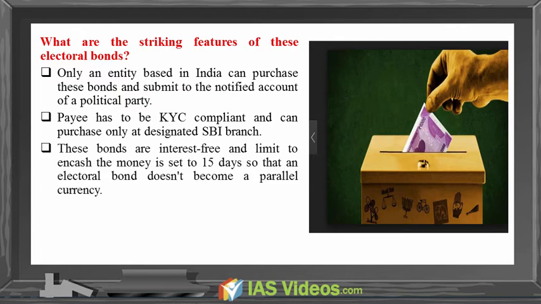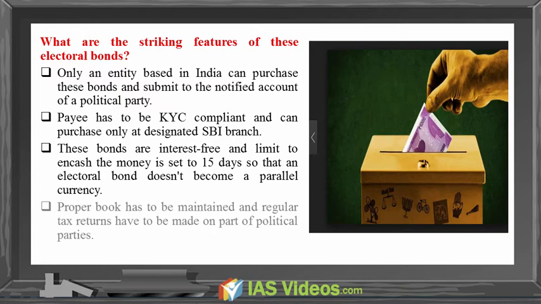These bonds are interest-free and the time limit to encash the money is set to 15 days so that an electoral bond doesn't become a parallel currency. Proper books have to be maintained and regular tax returns have to be made on the part of political parties.